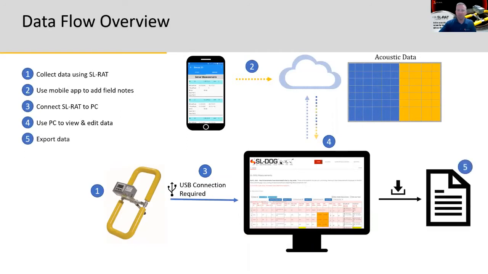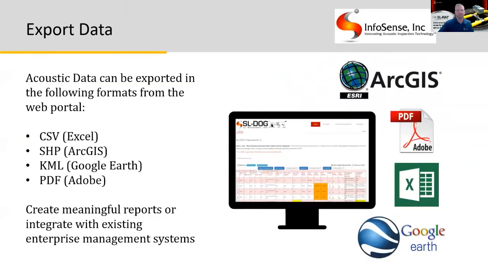Finally, once you have the data cleaned up and QC'd, you can export in a variety of formats. The export file formats again are CSV, Google Earth, Shape, or PDF. You can use this exported data to create meaningful reports or integrate with existing enterprise management systems such as CityWorks or ArcGIS.